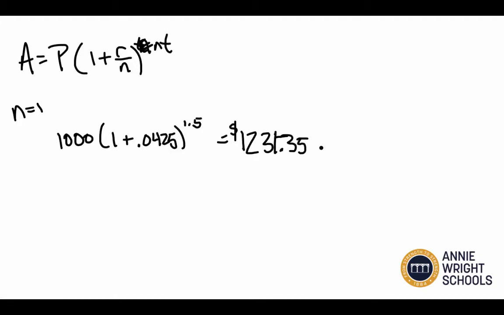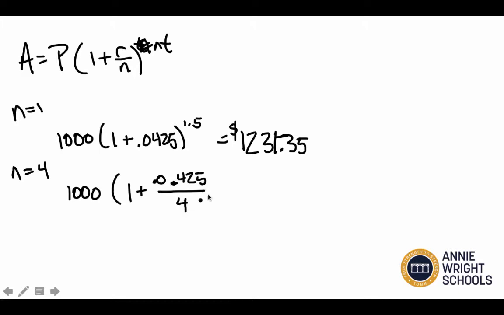Just putting your money away and not touching it. If we did quarterly interest, if you are careful with your calculator, you can enter it exactly as it looks here. You divide this here, 0.0425, all divided by 4, and then raised to the 4 times 5. If you use parentheses in the power, you should be able to do this all in one step, which is what I'm doing right now.